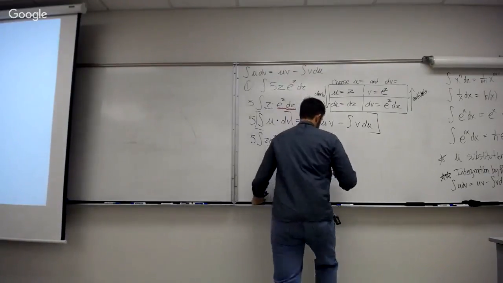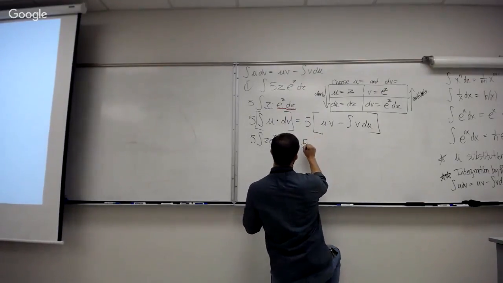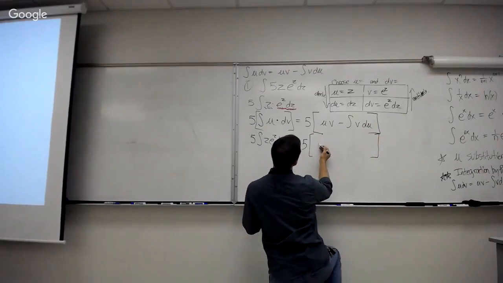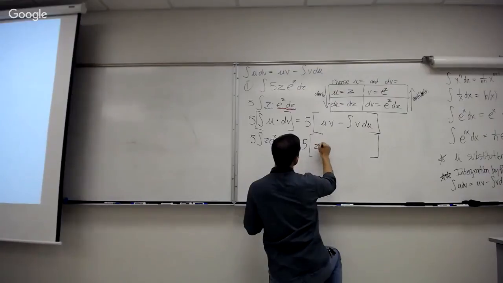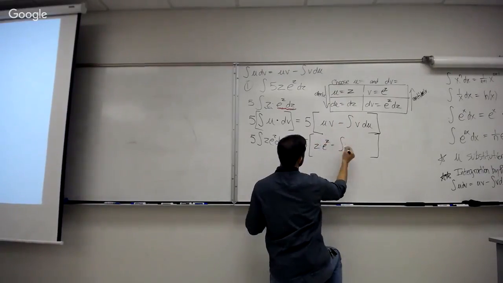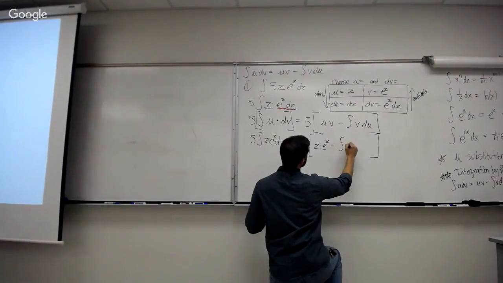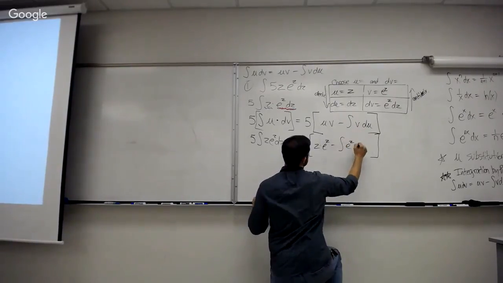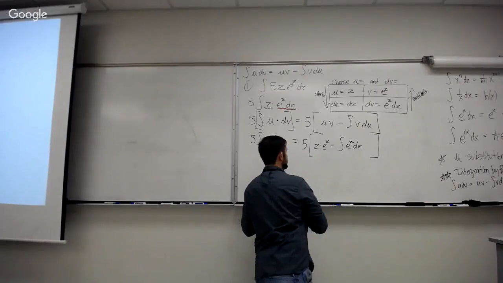So let's keep our 5 on the outside and substitute for every part and piece. What's u? Just z. What's v? e to the z. And then minus the integral, what's v? v is e to the z. And what's du? Easy, just dz.